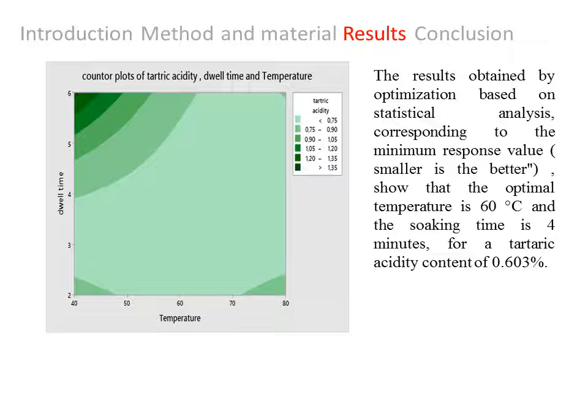Here, smaller is better. So the optimal temperature is 60 degrees Celsius and the soaking time is 4 minutes, for a tartaric acidity content of 0.603%.